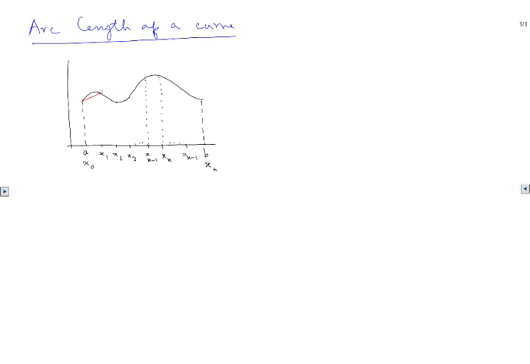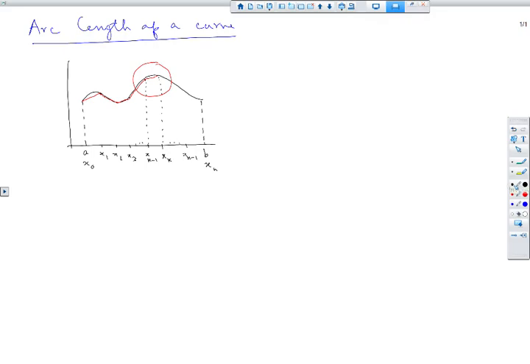We're going to approximate the curve length by this secant line length. So we connect these two and connect those two, like that, and we approximate the length of the curve by the length of these straight lines. If you exaggerate the situation at this point, this is how it looks.